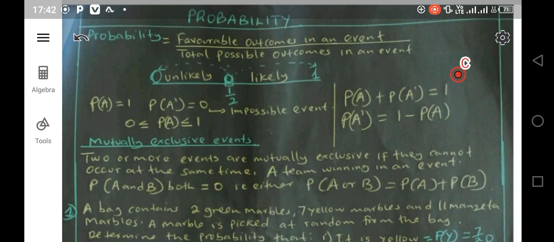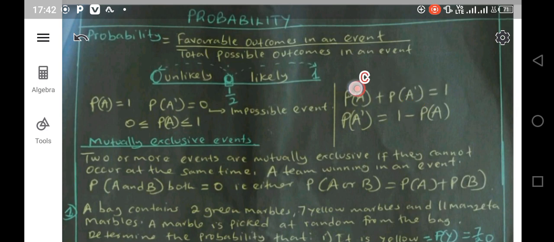Now, for example, we take a coin and toss it. The probability that we get a tail or a head is going to be half, and the probability that we cannot have two of them appearing at the same time is equal to 0. So the probability of something happening plus the probability of something not happening, which is 0, is equal to 1.